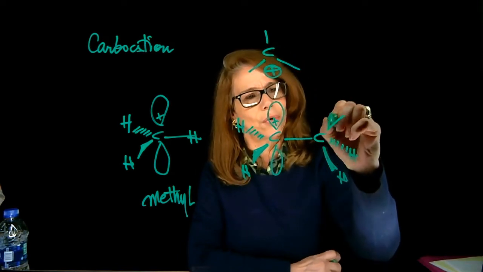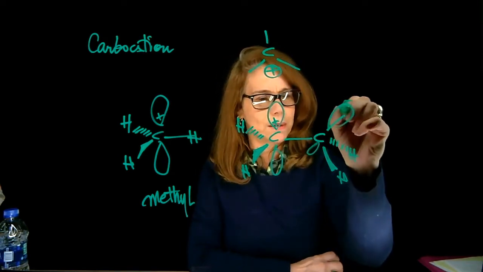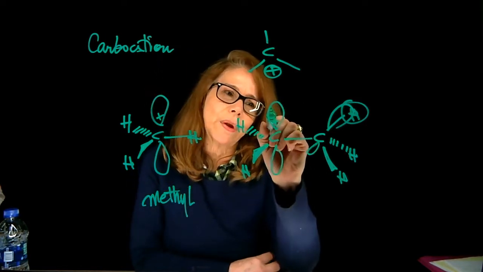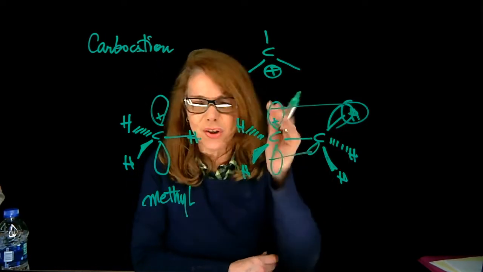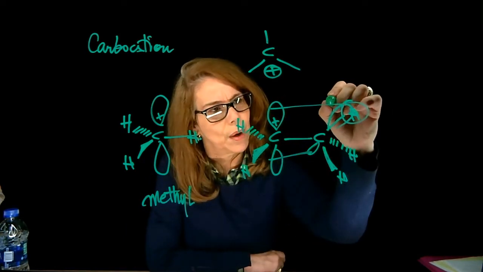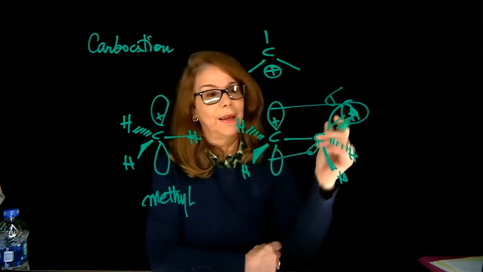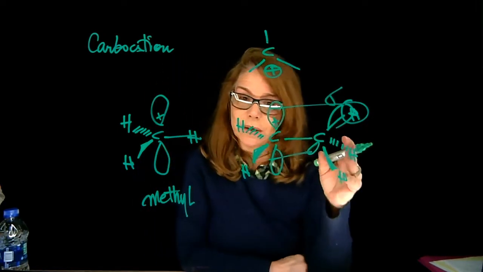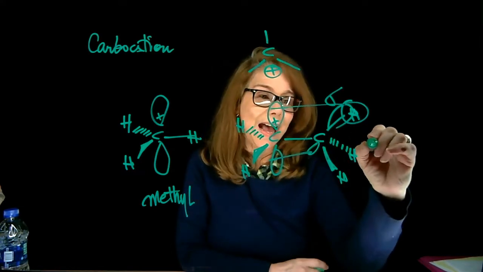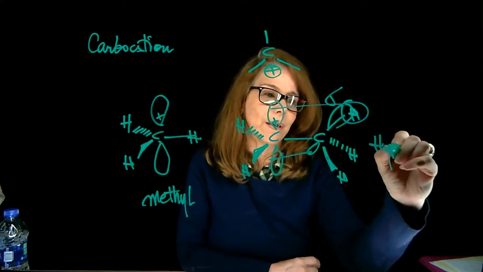But now I'm going to draw this bond to hydrogen explicitly. Now we can see that we have a lateral partial overlap between the empty p orbital and the sigma bond here. And so by replacing one of the hydrogens, we're helping stabilize that positive charge. That is called hyperconjugation.